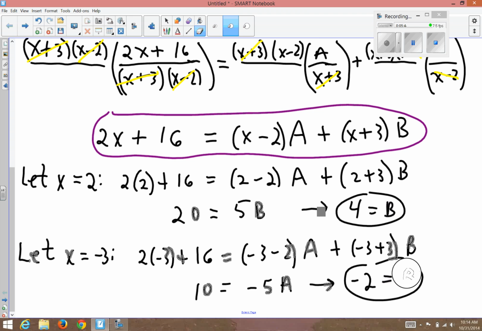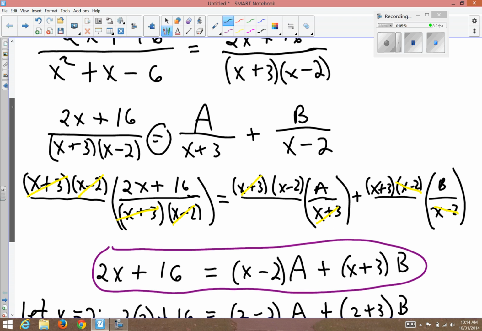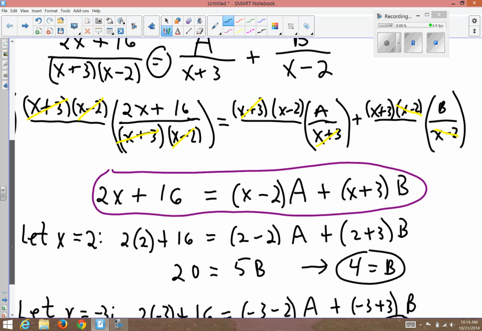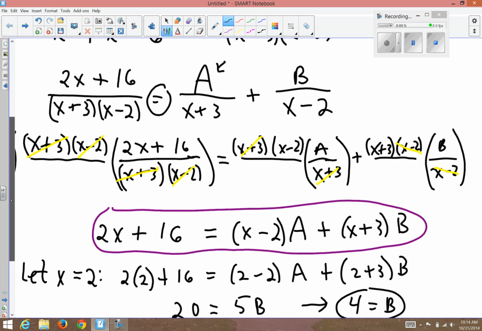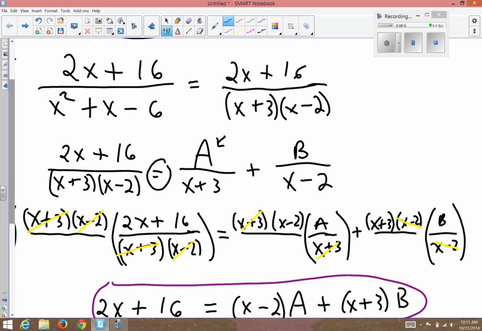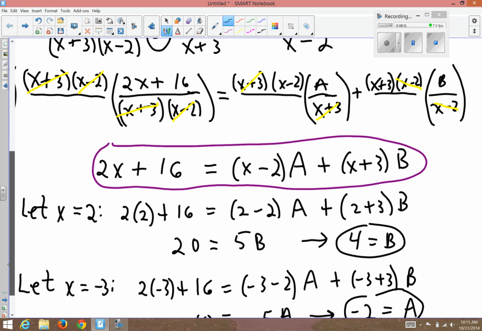Error, this is supposed to say a right here, sorry, so back up here. It's a over x plus 3, that means -2 over x plus 3, plus, right here, it says b over x minus 2, b is 4.